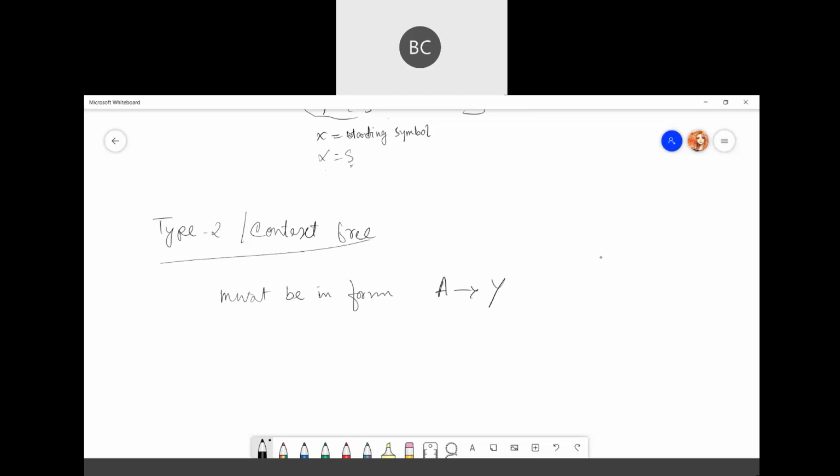That means A is the non-terminal, and this small y belongs to the union of terminals and non-terminals. That means it can be any string of terminals and non-terminals. There is no format.